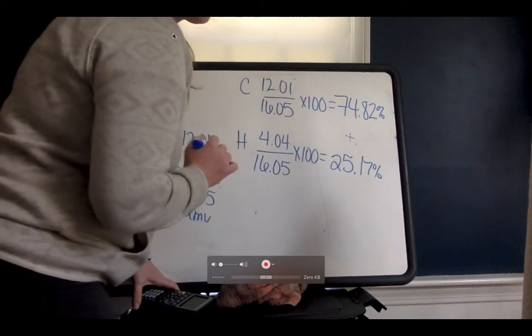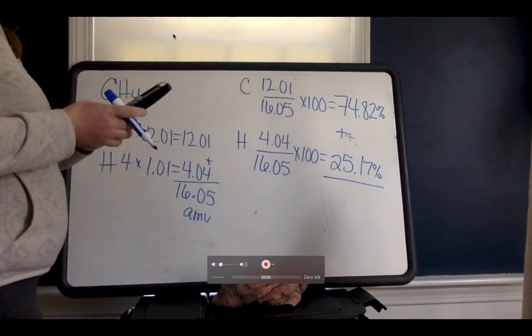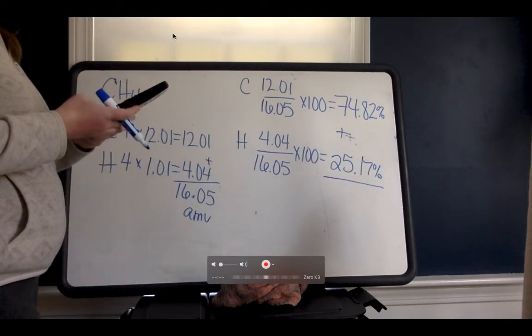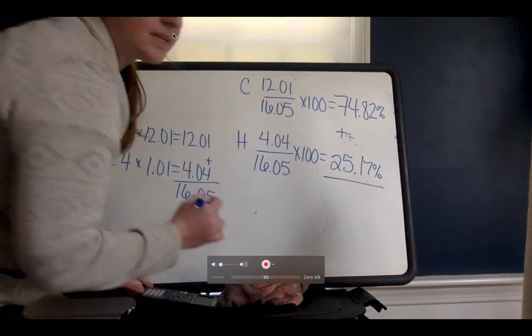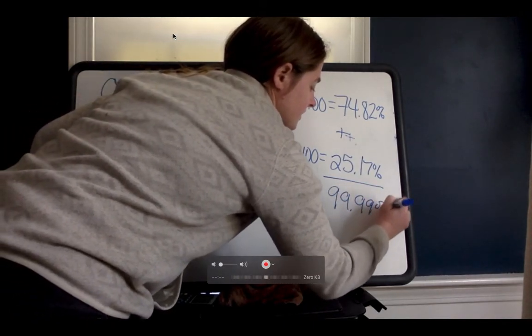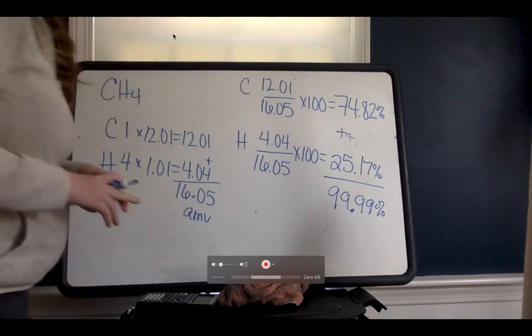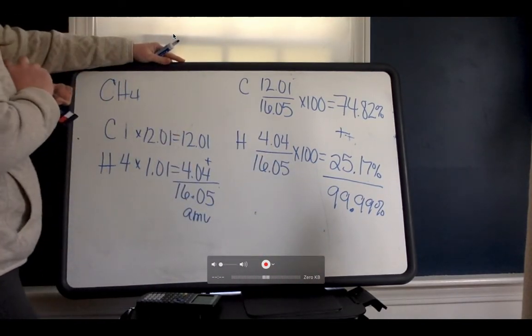Now, in order to check our work, we're going to add the 2 percents together. So 74.82 plus 25.17. When we add the 2 percents together, we get 99.99%. And that's pretty close to 100, so we're going to go ahead and call that accurate. Let's do one more together.